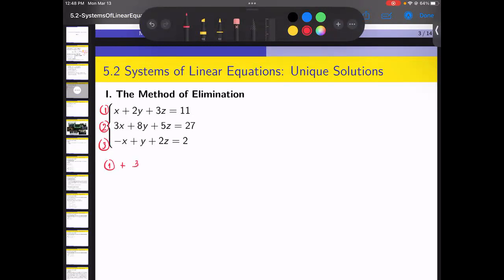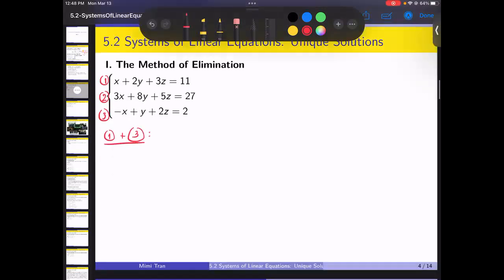Equation 1 plus equation 3. X plus negative X is 0. 2y plus y is 3y. 3z plus 2z is 5z. 11 plus 2 is 13.